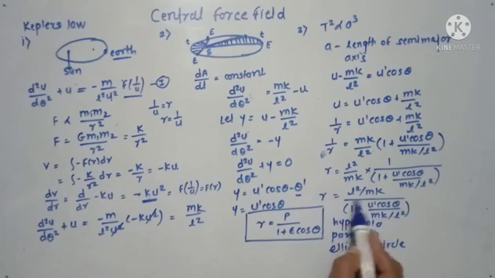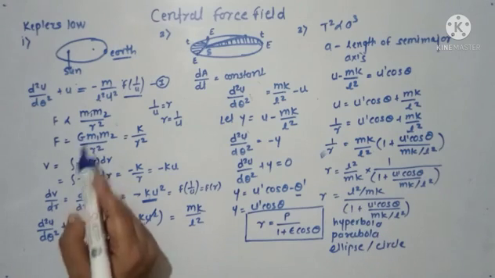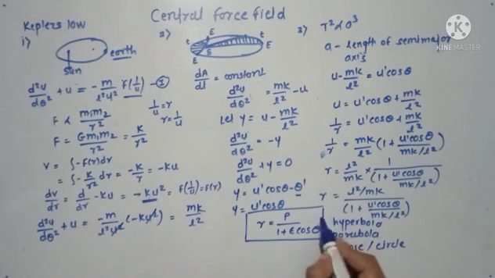Whatever we have derived from the equation of the orbit in a central force field, or from the gravitational force field, resembles the equation derived for the conic section. So this is a proof of Kepler's first law, which says that any body moving through a central force field will follow some conic section.